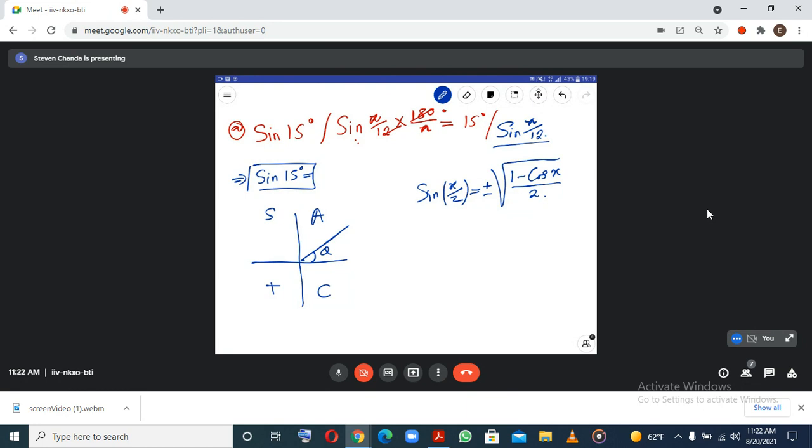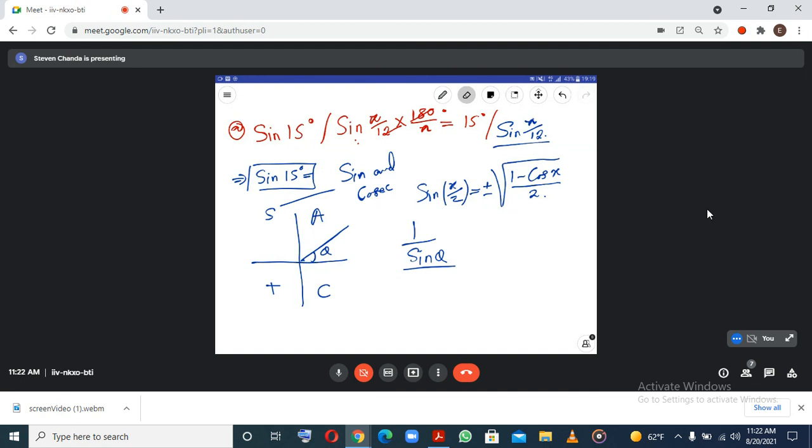Then in the second quadrant, what's going to be positive is sine and cosec. Now I'm wondering, why have I added cosec? I've added cosec because cosec is 1 over sine. So if sine is positive, cosec is going to be positive as well. I hope that makes sense, right?